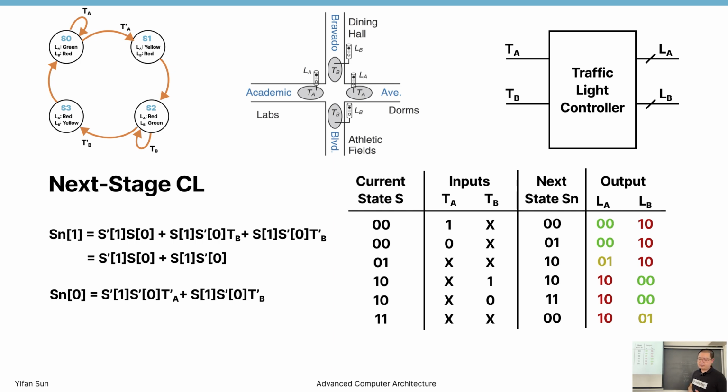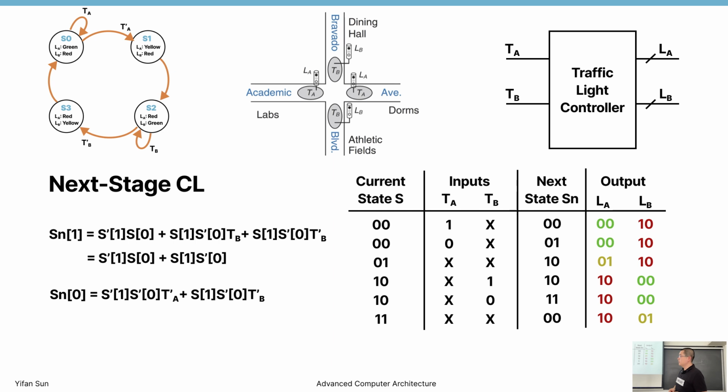TA and TB don't matter at all for Sn1. Then, are you familiar with this representation? Yeah. Remember, every time we say, if there are only 2 inputs, we can probably generate the output with 1 gate. So in this case, this is XOR again.